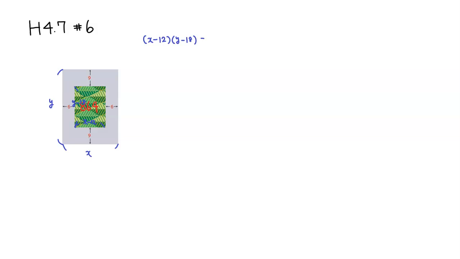This is fixed at 864, so that's the condition. Then we want to minimize the area, which is going to be x times y.